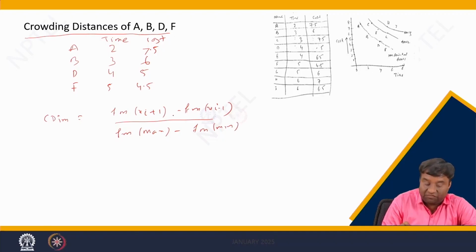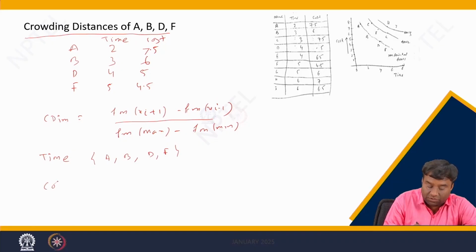First you need to sort. For the time, sort in ascending order: first is A, then B, then D, then F. Second, you sort the cost, also in ascending order.